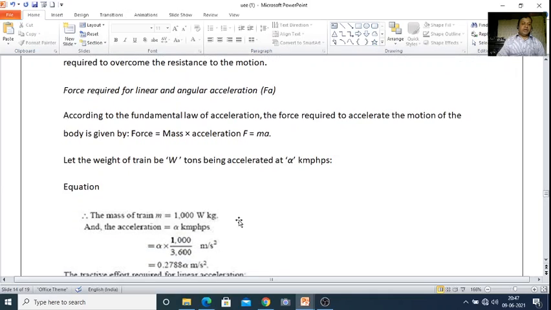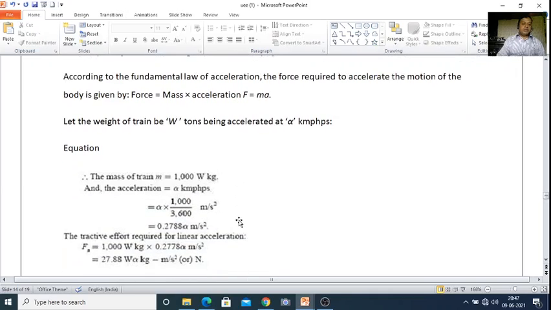Then the mass of the train is 1000 W kg, and the acceleration is alpha. Alpha into 1000 by 3600 meter per second square gives 0.278 alpha meter per second square as the acceleration.